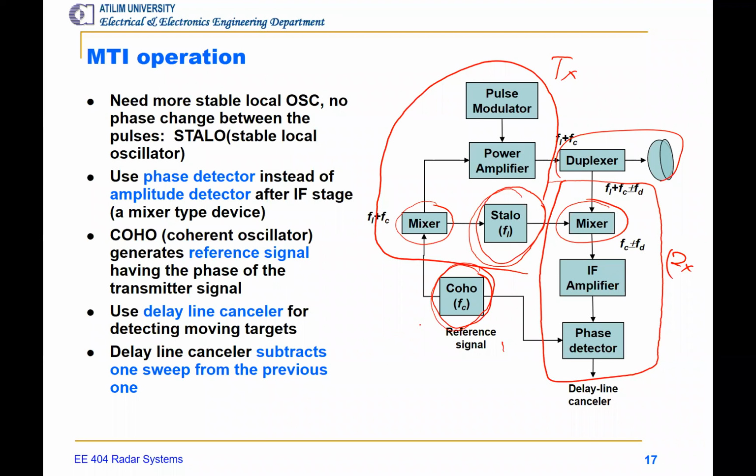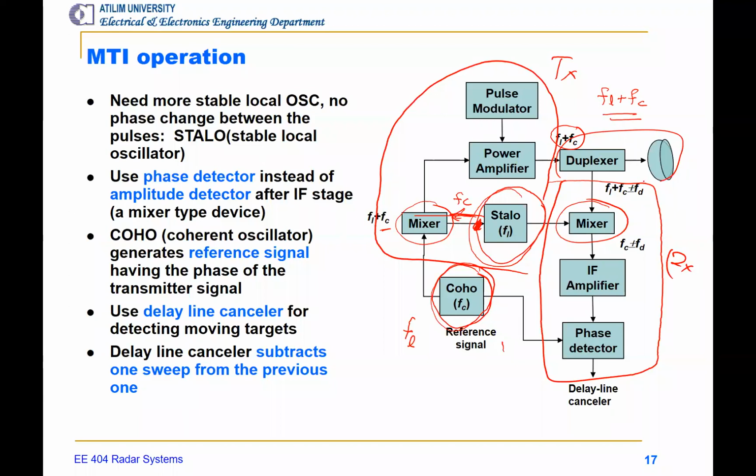We generate a local oscillator frequency, let's say FL, that's mixed with the carrier frequency FC. Sorry, this should be the other way. So this is FC. It's transmitted through the power amplifier and duplexer. So the transmitted signal frequency is FL plus FC.